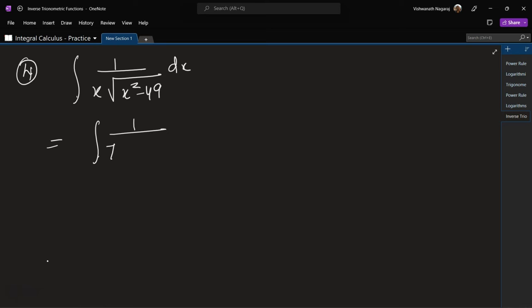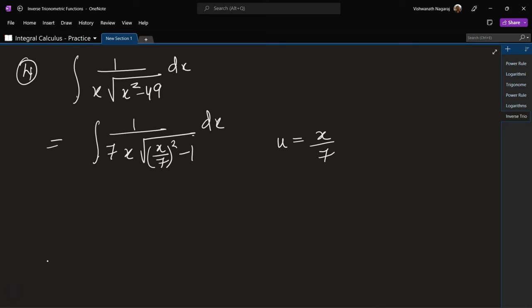Square root of 49 is 7. x square root of x square. Now it won't be x square, it would be x by 7 square, because 49 we have taken out, so we have to divide x square by 49, minus 1 dx, and we do the substitution.